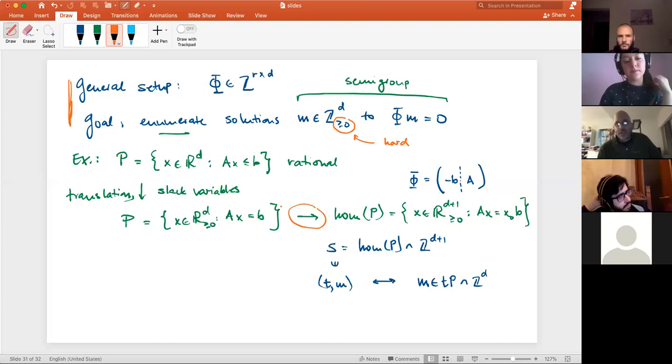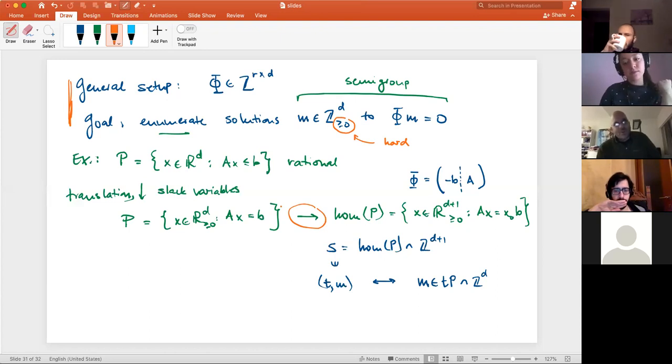Cones are nice because if you take two things in a cone and add them, you stay within the cone. That's more or less the definition of a cone, and that's the same definition of a semigroup. So in hindsight, from this perspective, that's why you're doing the hom.